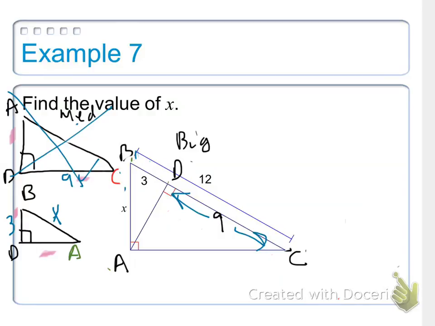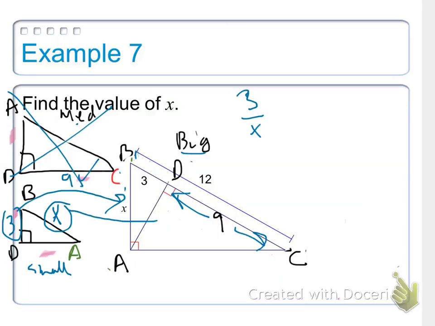So I'm left using the small one and the big one. So let's see what matches up. Well, I know 3 matches up with X there. So I'm going to go 3 over X. Okay, I also know X matches up with 12. So I'm going to go X over 12.